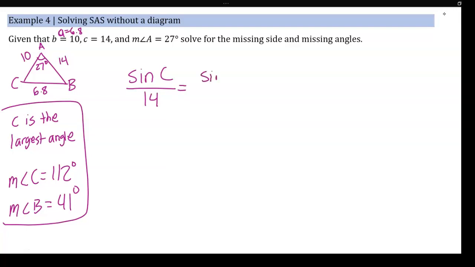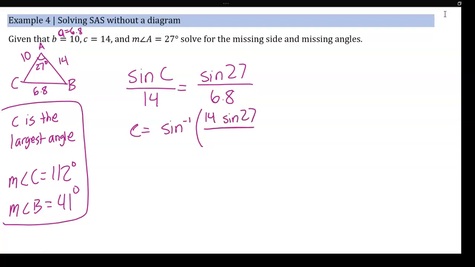So we're going to say the sine of 27 divided by 6.8. We get, let's skip ahead a step. So C equals sine inverse of 14 sine 27 divided by 6.8.